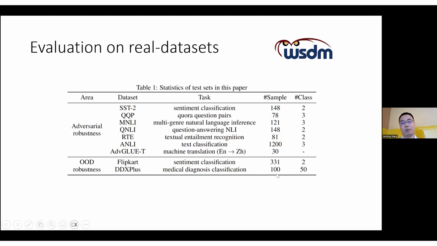You can see that we only test 100 examples for this data set, but its class is 50. It's very, very many classes for the samples to cover. So this is zero-shot evaluation because we only have the browser version of the ChatGPT. But I'm sure that the results are very interesting.